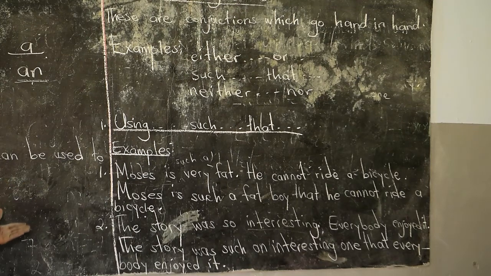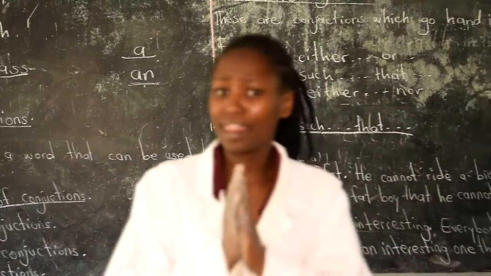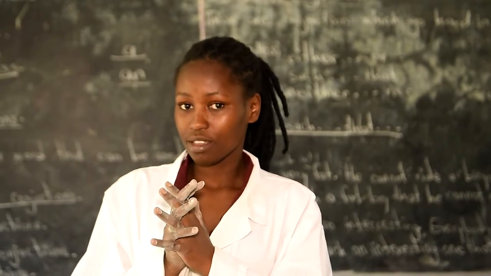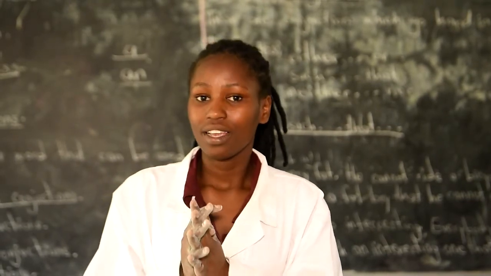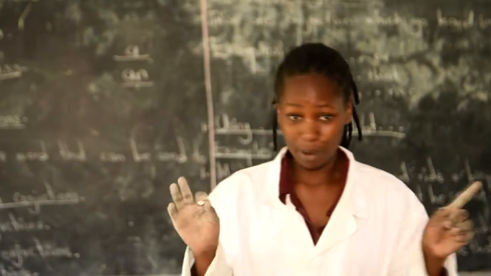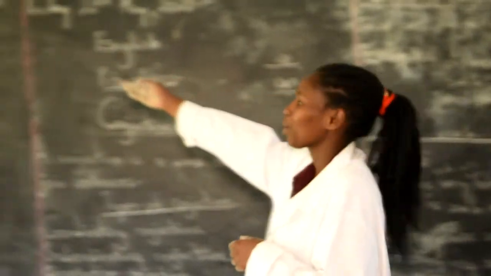Enjoyed it. The story was such an interesting one that everybody enjoyed it. We are going to look at our third and the last example. I'm very sure that the moment I finish explaining the third example, you will be getting everything clear. So, here we go.